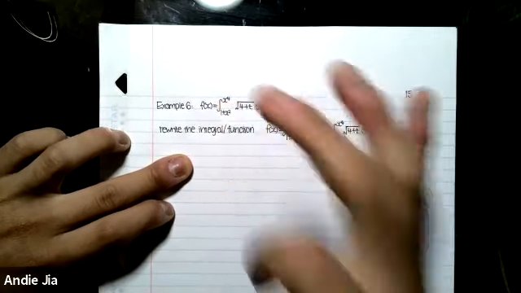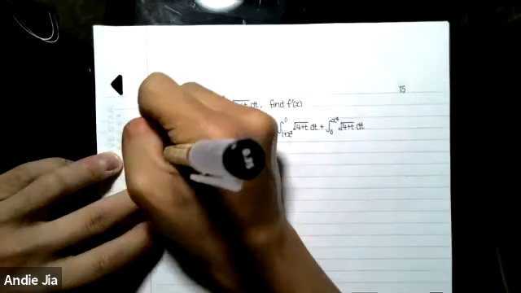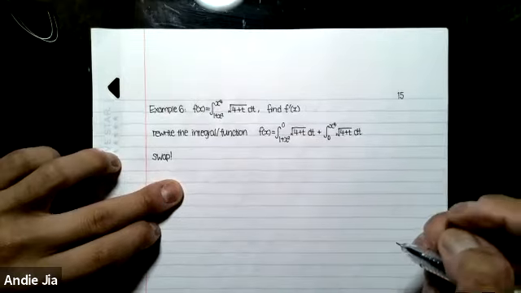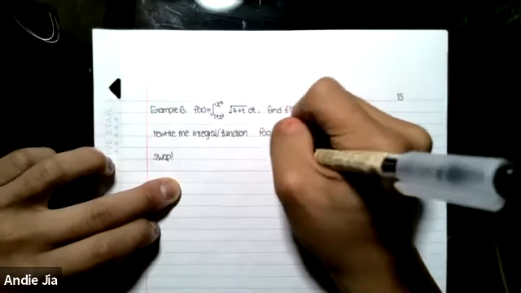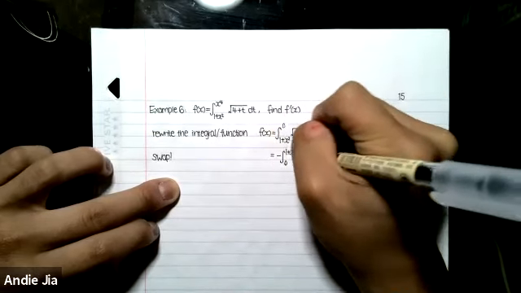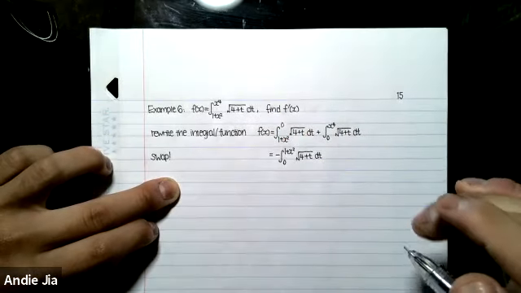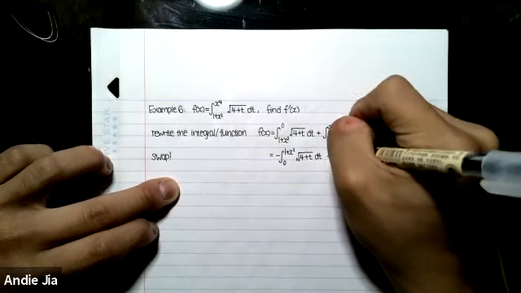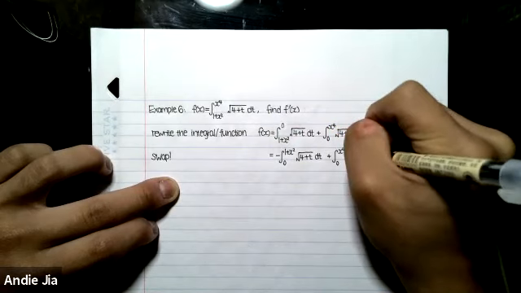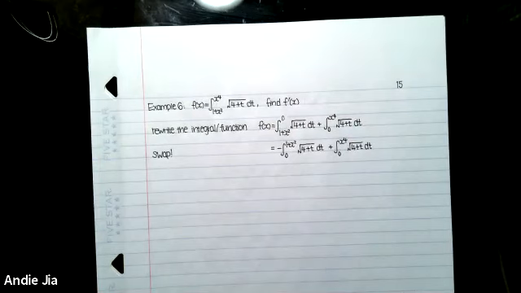Remember we always want the variable on top, so we do a swap of the bounds. It becomes negative the integral from 0 to 1 plus x squared of 4 plus t dt, plus the integral from 0 to x to the fourth of 4 plus t dt. Now use the chain rule.